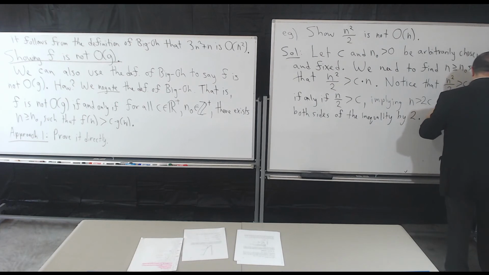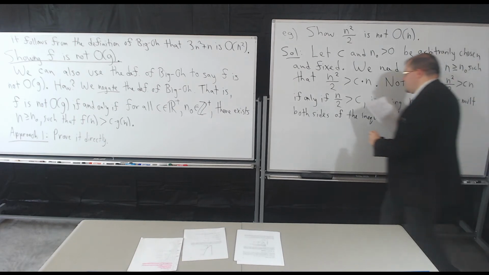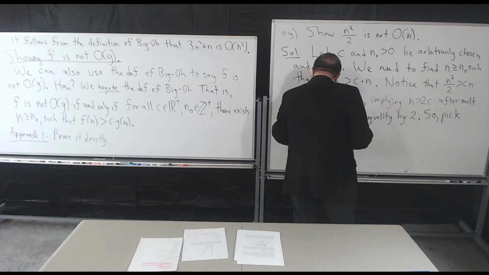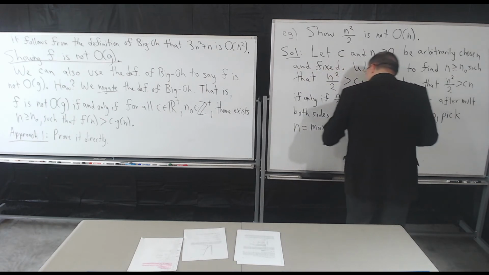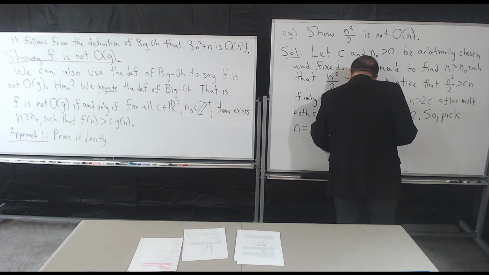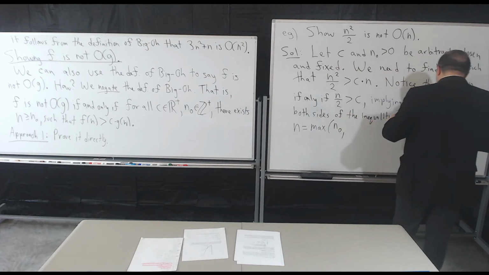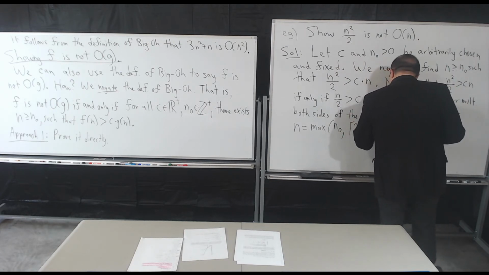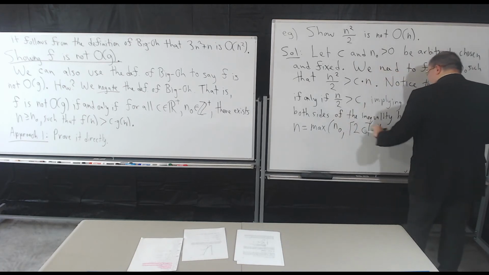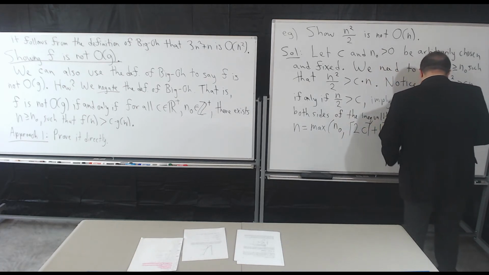Okay, so I'm going to tell you how to pick n. So pick n is equal to the maximum. So I'm going to use a max function to pick the larger of these two values. So max of n0 and the ceiling of 2 times c plus 1.